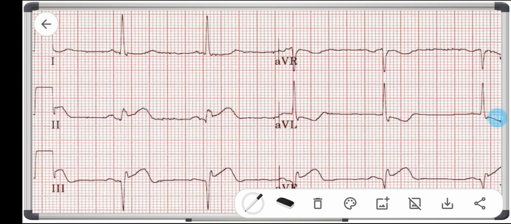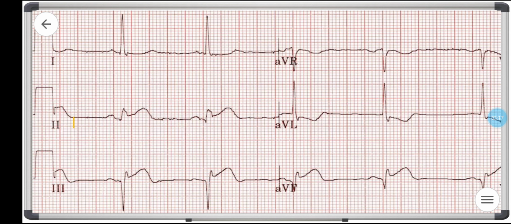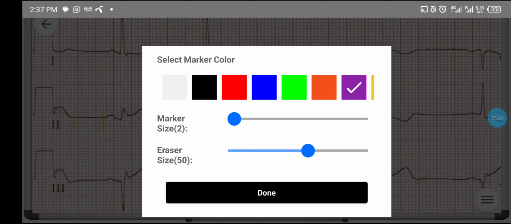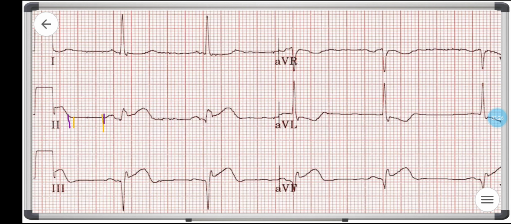So here you can see, if you look at lead 2 and 3, and the AVF as well, this is our TP segment here. Let me change the color. So this is a TP segment, and that's our baseline. So we're going to compare this ST segment here with this one. So it's elevated.